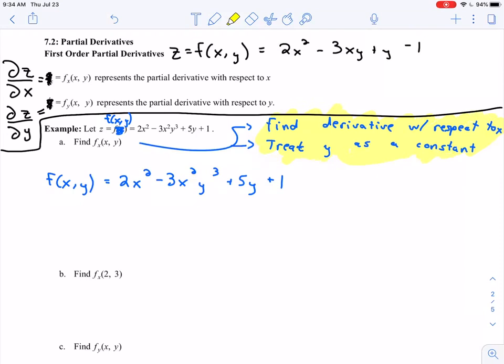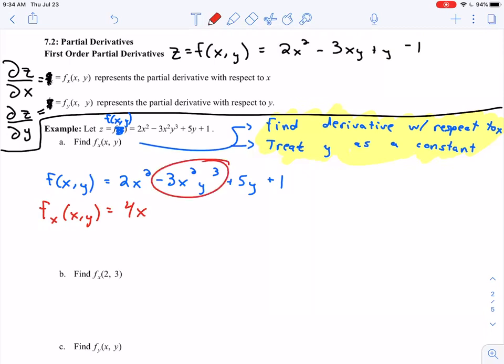So it's going to follow all of the same derivative rules that constants do. So when I go to take the derivative f sub x, if you have a term that only has an x, so first I have 2x squared, you're going to take the derivative of that exactly like we normally would. So the derivative of 2x squared is simply 4x.